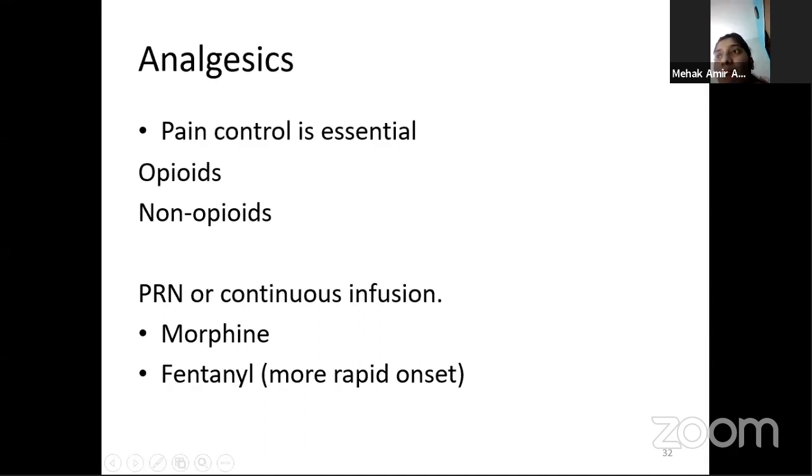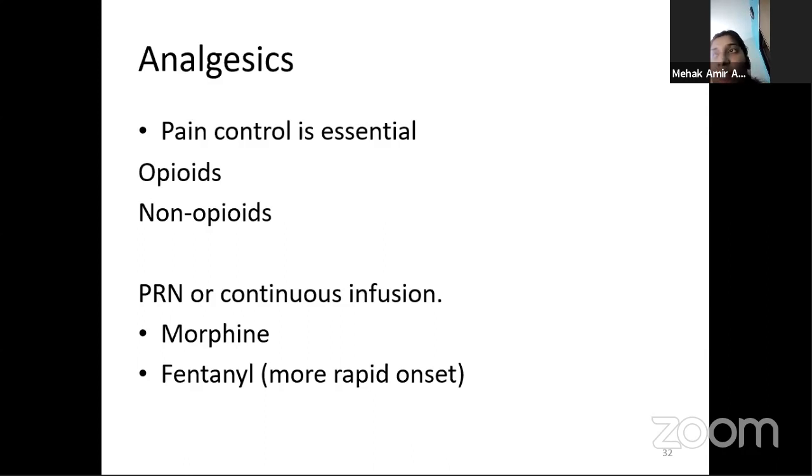But always you have to control the pain through multimodality. What does multimodality mean? You first go with non-opioids, and then opioids, depending on the patient's condition and the pain score.